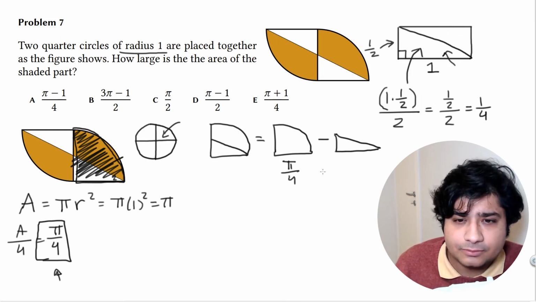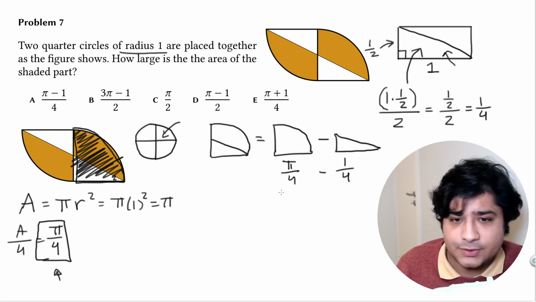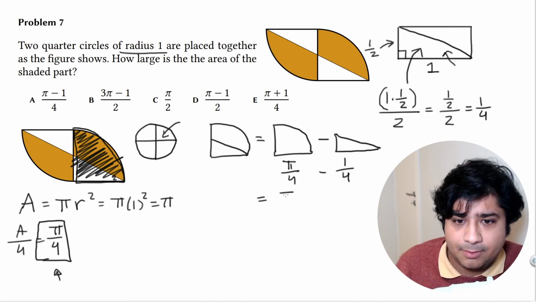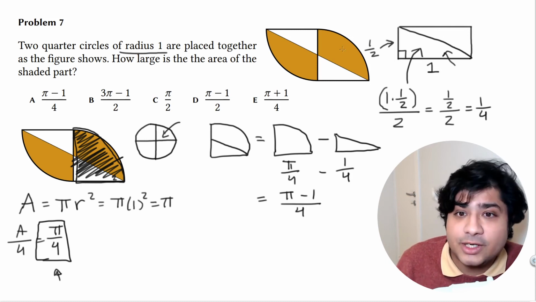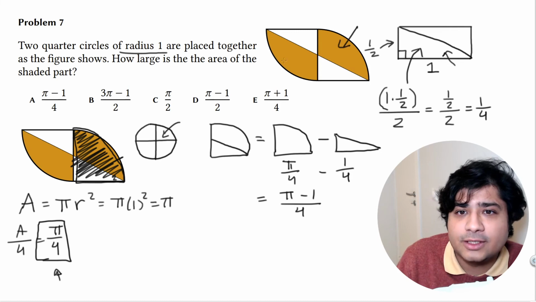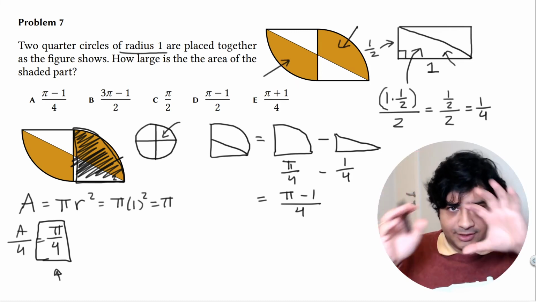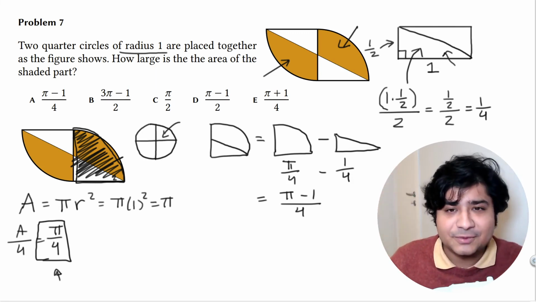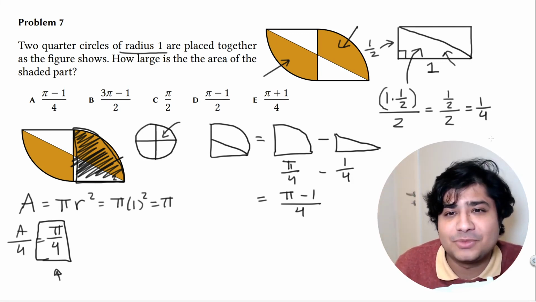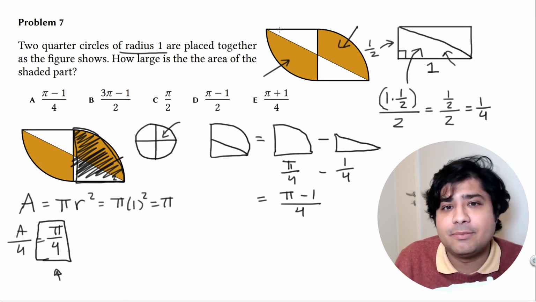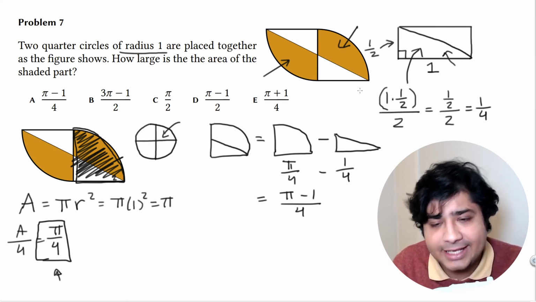And the triangle is 1/4. So now we can do pi minus 1, divided by 4. All right, so that's one of these. This one and this one are identical. They're the same kind of figure, mirrored along this diagonal.